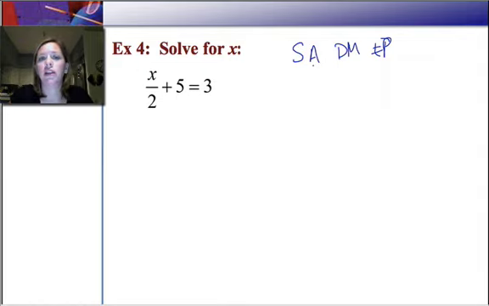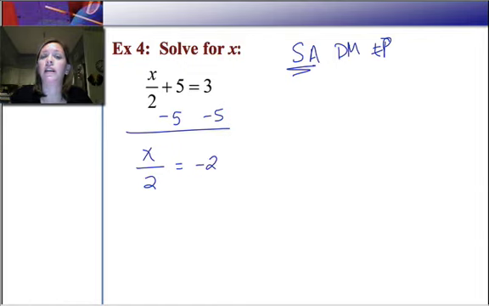So that's addition that I can undo first. I'm just adding 5, the constant, all by itself. It's not involved in the fraction at all. So this is an example where we start by undoing the addition first. So that leaves me with x over 2, 5 minus 5 is 0, equals 3 minus 5 is negative 2.